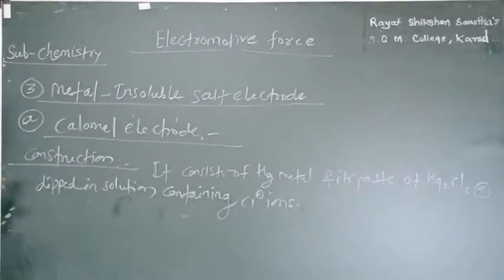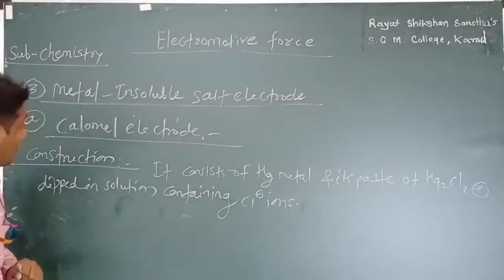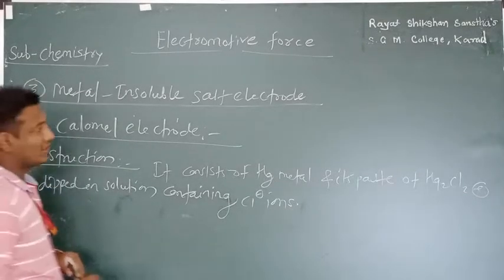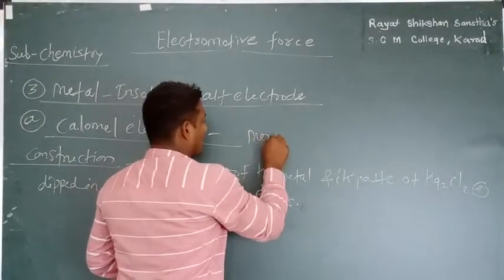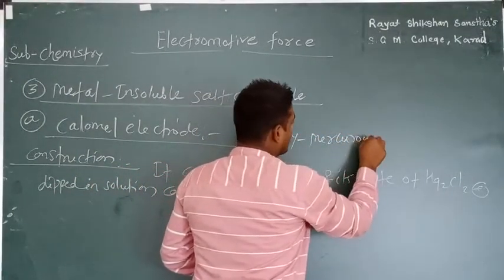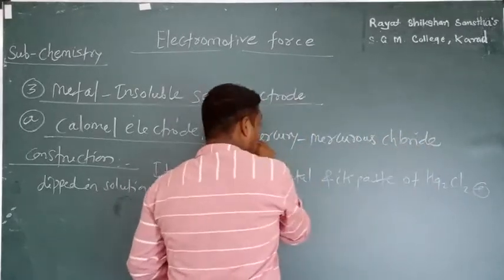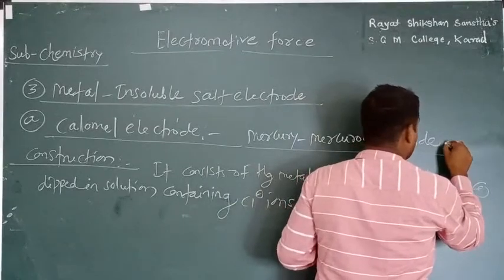This is the simple way of writing the construction of the calomel electrode. It is also called the mercurous chloride electrode. This is another name for this type of electrode.